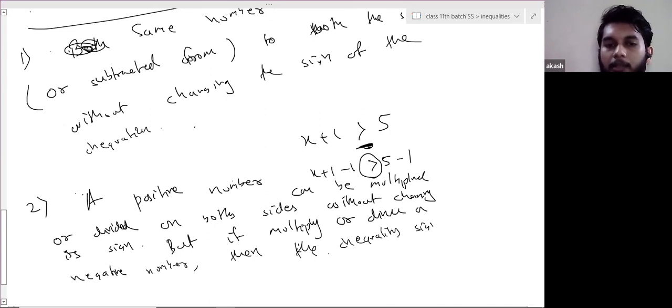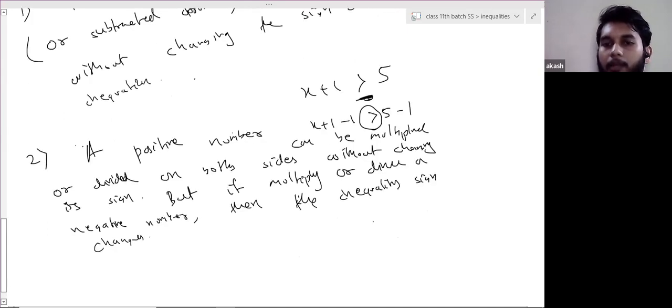Inequality sign changes. All right, Fahad. What this means, if you have 2x is greater than 4, then you can divide by 2 on both sides without affecting the sign of inequality. But if you want to divide by a negative number, suppose I want to divide by -2 and -2, then this sign will change.